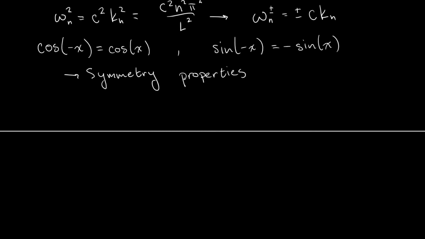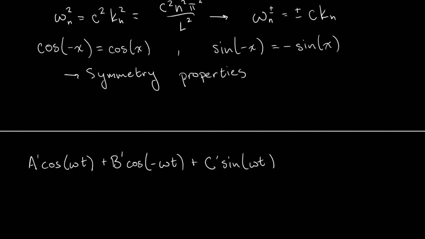But anyway, when I try to add these two values of omega, keeping the constants general for the time being, I'm going to get a prime cosine omega t plus b prime cosine minus omega t, because I have to have the positive and negative piece, plus c prime sine omega t plus d prime sine minus omega t.